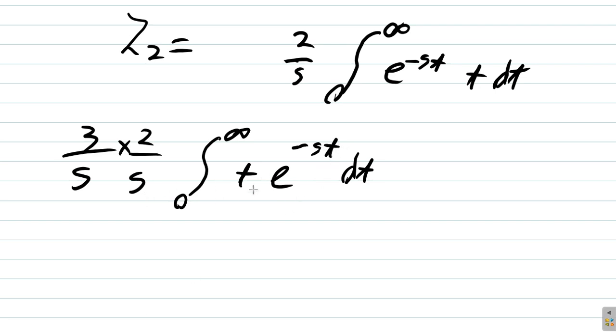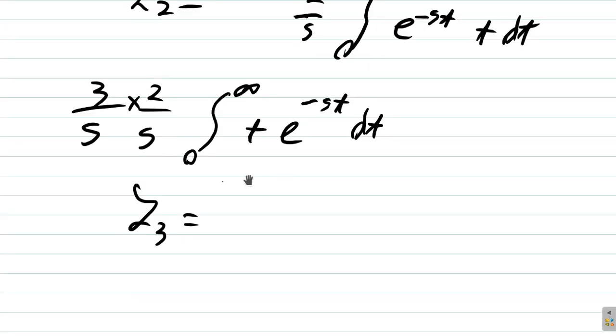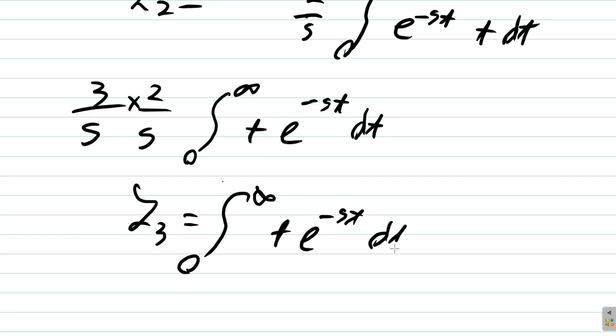Alright, now let's call this L3, our third Laplace. L3 is like we're finding the Laplace transform of t here, and L2 was as if we were finding the Laplace transform of t squared, right? But anyway, this is the integral from 0 to infinity of t e to the negative st dt, and it must be multiplied by 3 by 2 over s by s, right?